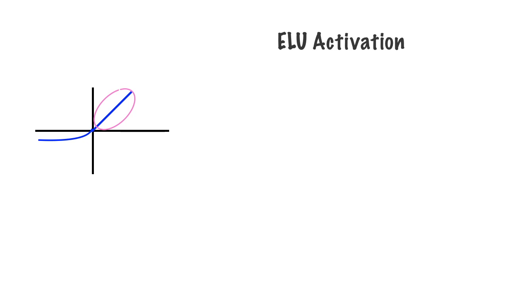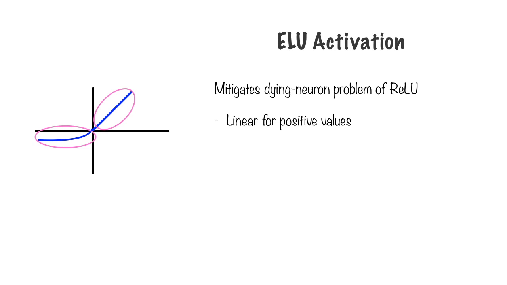A tweaked version of the ReLU activation function is the ELU or the exponential linear unit activation function, where on the negative end we have a very small exponential factor. Instead of clamping negative values of input to be equal to 0, we have a small exponential value for the negative values of input. So the value of this ELU activation function is linear for positive input values, and if your input values are negative, that has a gradient as well.